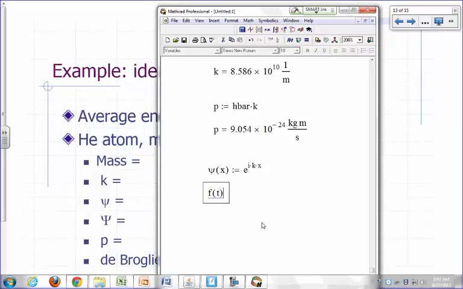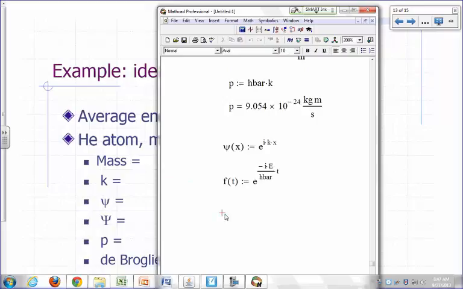What is our f of t? e to the negative i E t over h bar. And what is our big psi? Psi of x,t equals little psi of x times f of t, right?